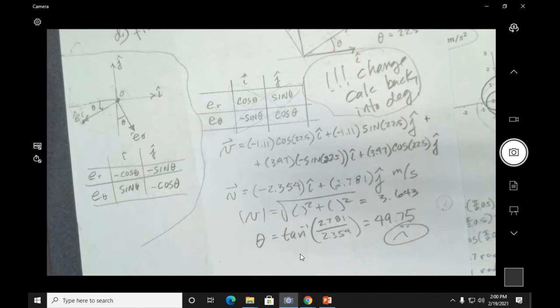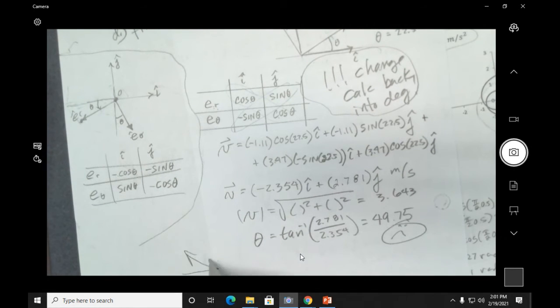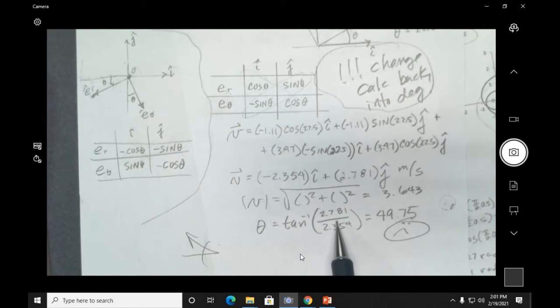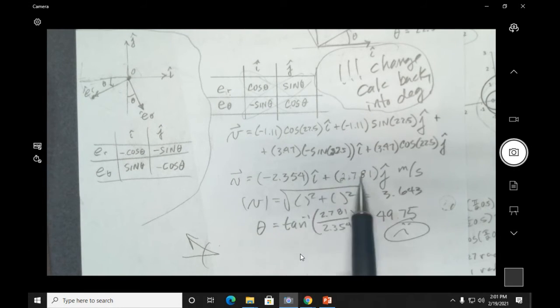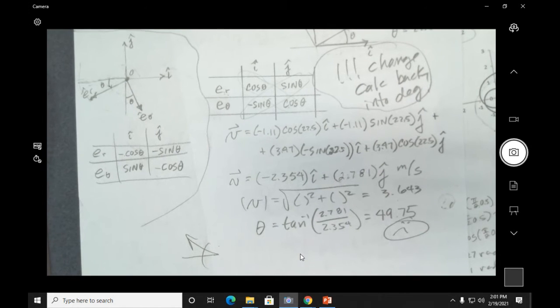I'm taking the negative, but I'm just looking at the quadrant. I got the right magnitude.